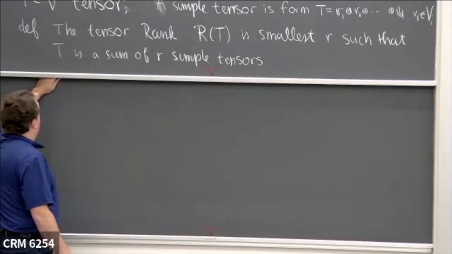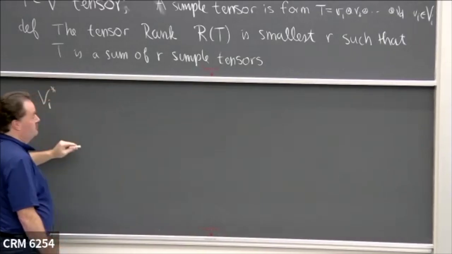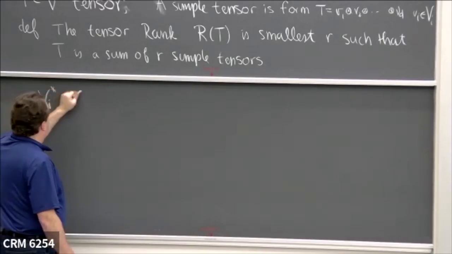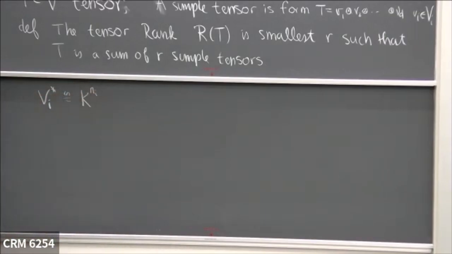Now, let V_i dual be the dual space. It's mostly mathematicians who care about the distinction between a space and its dual space. It's again an n_i-dimensional vector space.